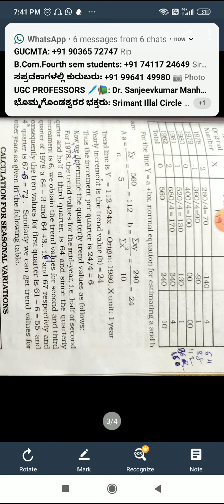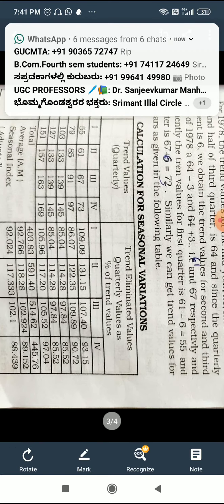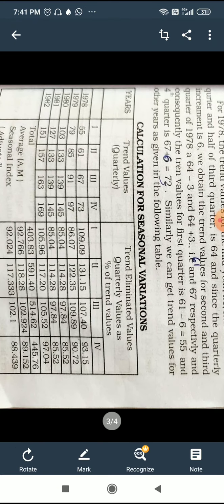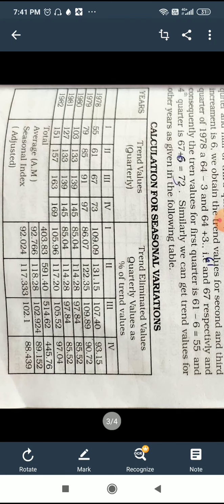After calculating the trend value, we have to draw another table, the calculation for seasonal variation. Whatever trend value we got for the year, we will convert into quarters. For the 1978 trend value, the average is 64.